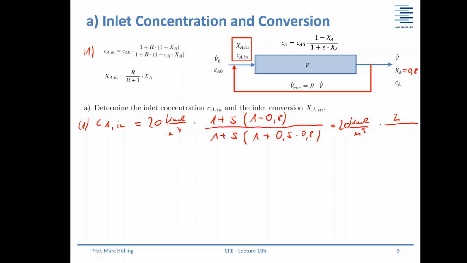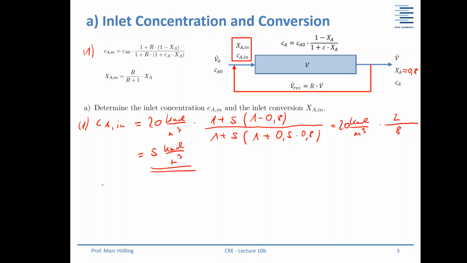It's 0.4 plus 1 is 1.4, and times 5 should be 7, and plus 1 it should be 8. So this is the same as 1/4, and if you divide it, then you end up with 5 kilomoles per cubic meter.